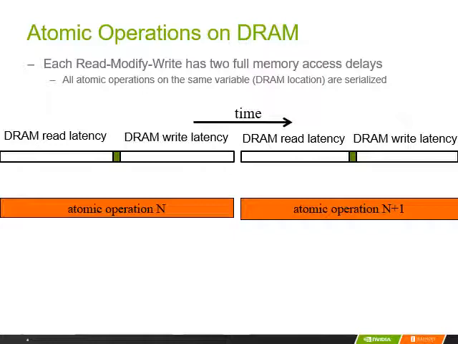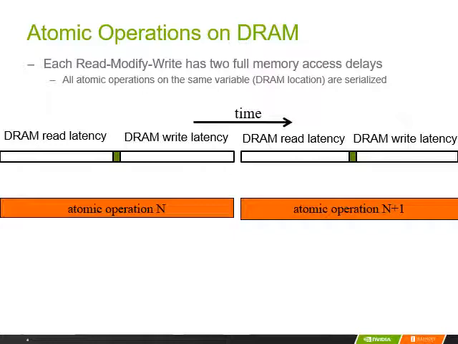Now that we understand the execution timing of an atomic operation on a DRAM location, we can turn our attention to the execution timing of multiple atomic operations on a DRAM location. Each atomic operation involves a full DRAM read latency, a little bit of execution to generate a new value, and then a full DRAM write latency.